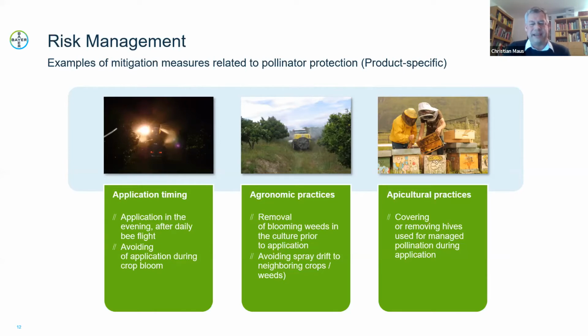Agronomic practices can be adjusted, for instance, removal of flowering weeds in orchards before application, or avoiding spray drift into neighboring crops or natural areas. And of course, last not least, apicultural practices can be addressed, for instance, covering or removing hives which are set up in a crop for managed pollination.